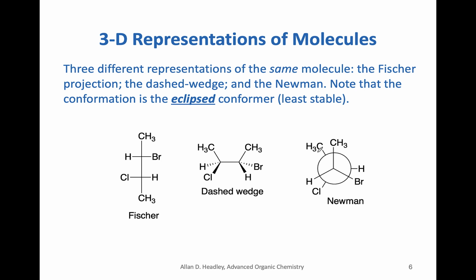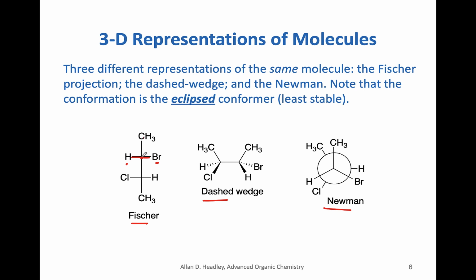So let us look at the three important representations that are used in organic chemistry: the fissure, the dashed wedge, and the Newman. So here's the fissure, just to refresh your memory. Here's a horizontal line right here. So this group here and this group is in the horizontal plane, so it's sticking in front.